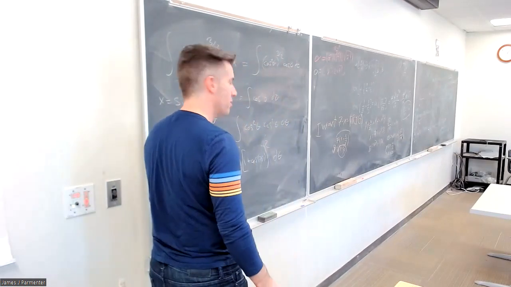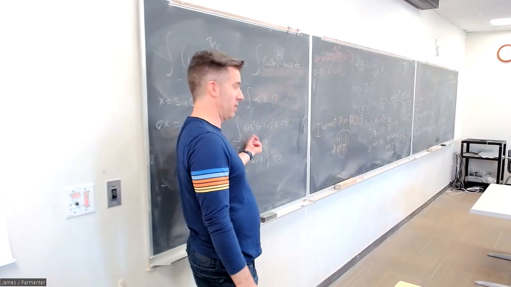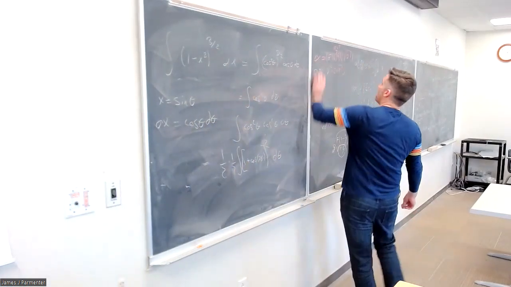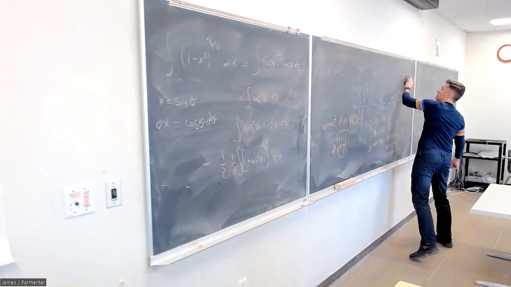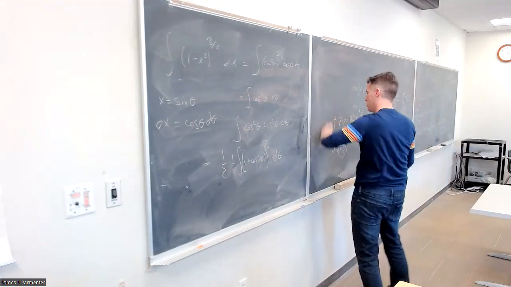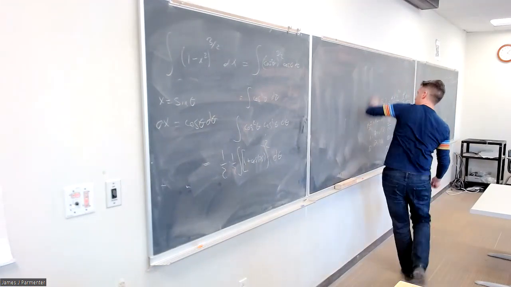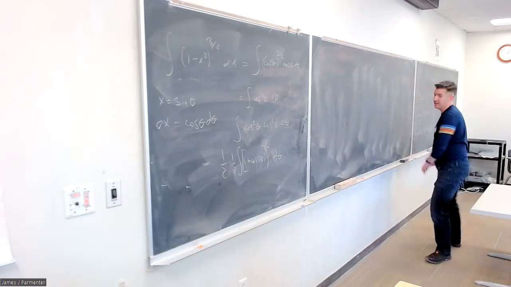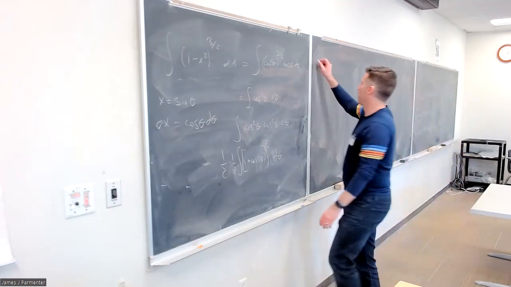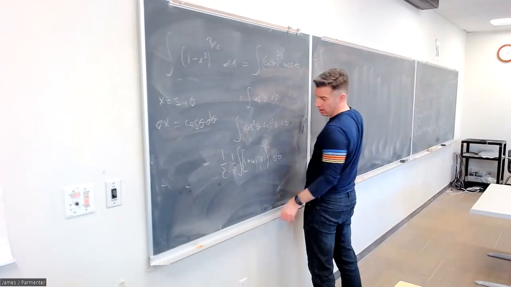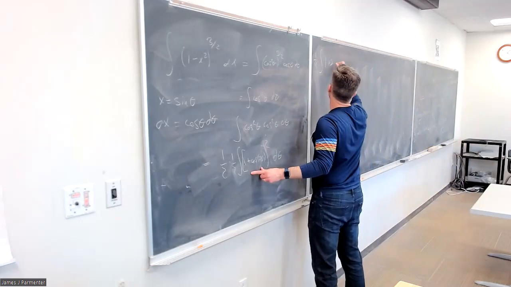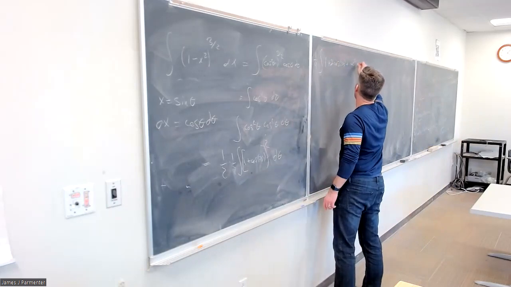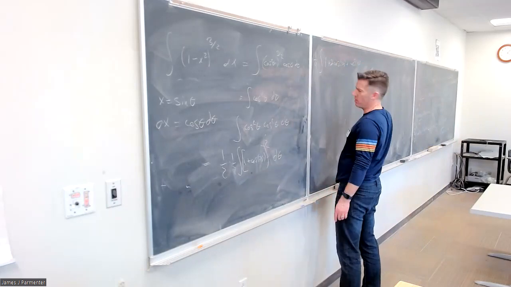I'm just using the trigonometry: cosine squared theta is 1 plus cosine 2 theta over 2, squaring it, bring out the 1/2. We have to use that trigonometry again. So we're going to multiply that out. We're going to get 1/4 integral of 1 plus 2 cosine 2 theta plus cosine squared of 2 theta.